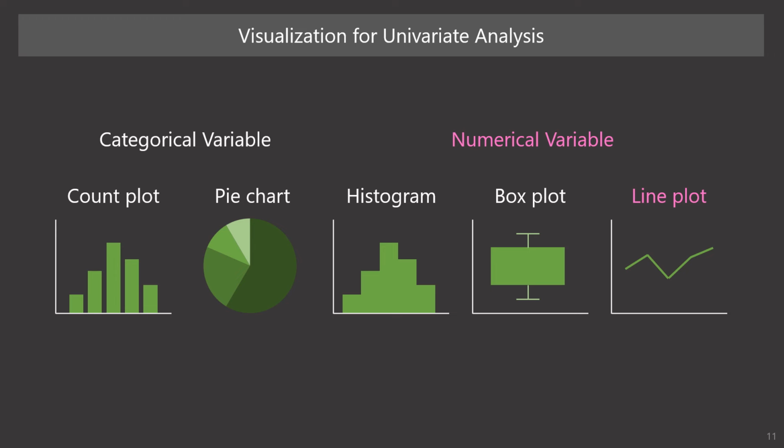Here, discrete variables with a small number of value types can be regarded as categorical variables. So, we can use a countplot and a pie chart to visualize a discrete variable, such as a variable with a 7-point integer scale. Discrete variables with a large number of values, such as a company's sales amount, can be regarded as continuous variables. So, we can use a histogram, a box plot, and a line plot to visualize such variables.